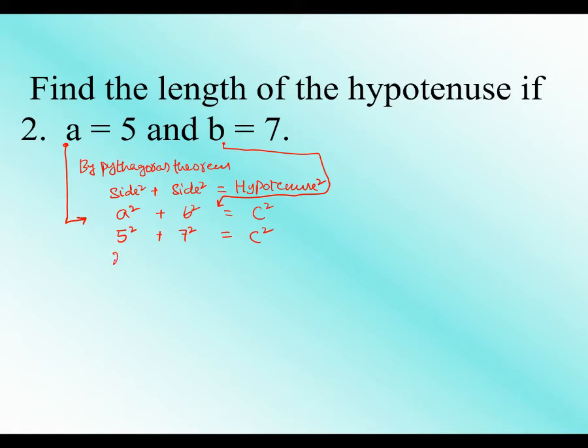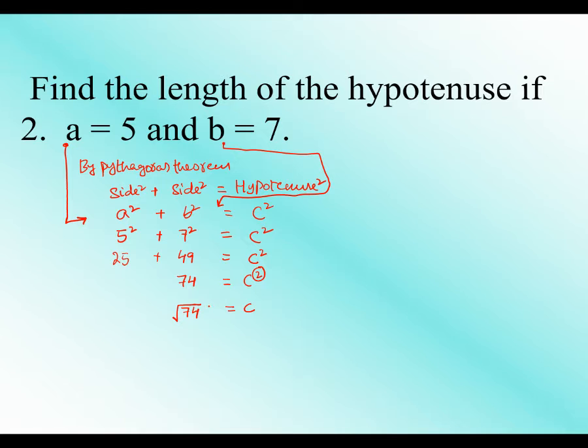5 square is 25. 7 square is 49, equal to c square. Now combine 25 and 49, that gives you 74. Then c square equals 74. As I told you before, in order to eliminate the square and isolate c, we take the square root of whatever value is obtained on the other side.